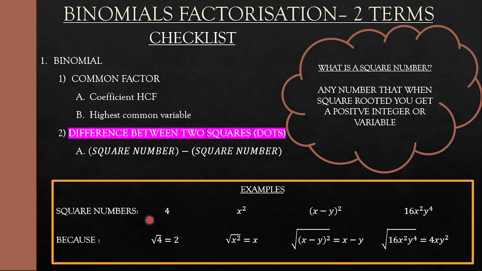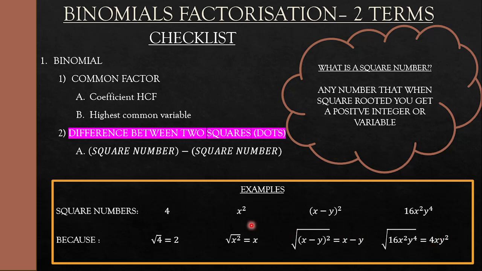So if we look at this, 4 is a square number, x squared is a square number, (x minus y) squared is a square number, and 16x squared y squared is a square number. Because when we square root them, if you look down here, they give positive integers or variables.